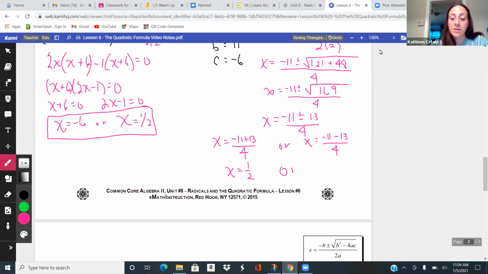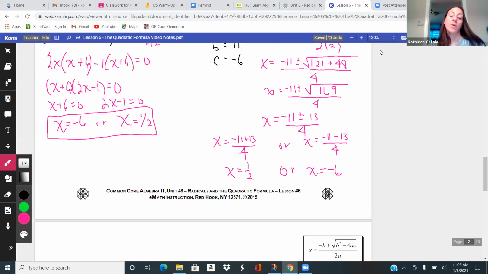And then over here, if I have negative 11 and a negative 13, that's going to get us a negative 24, and a negative 24 divided by 4 gets you a negative 6. So you can see you get the same answers. So that's kind of nice if you didn't want to factor, you don't remember how to factor, you have this formula, and that is a great way to solve some problems.